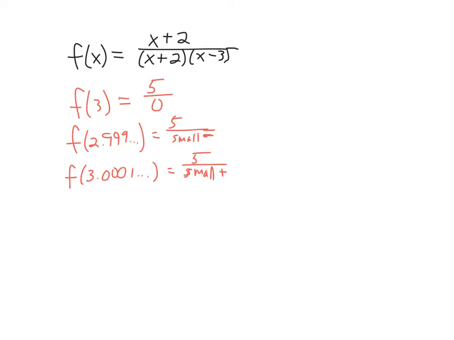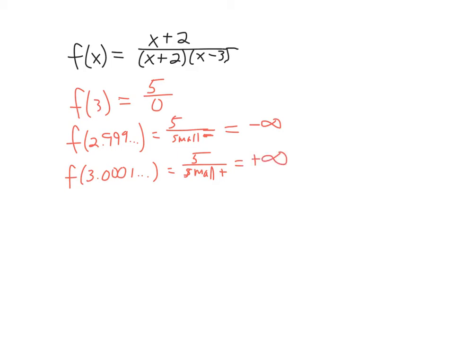Now, 5 divided by a small negative number is a very large negative number. Essentially, we're heading towards negative infinity with those numbers, the closer we get to 3 from the left-hand side. And from the right-hand side, the closer we get to 3, we're heading towards positive infinity.